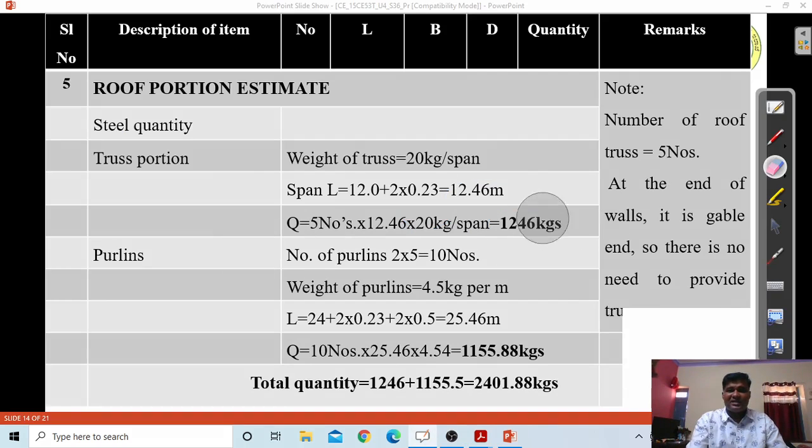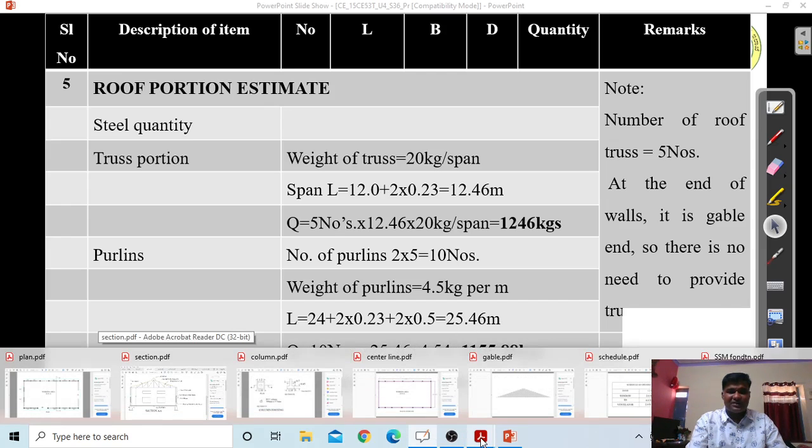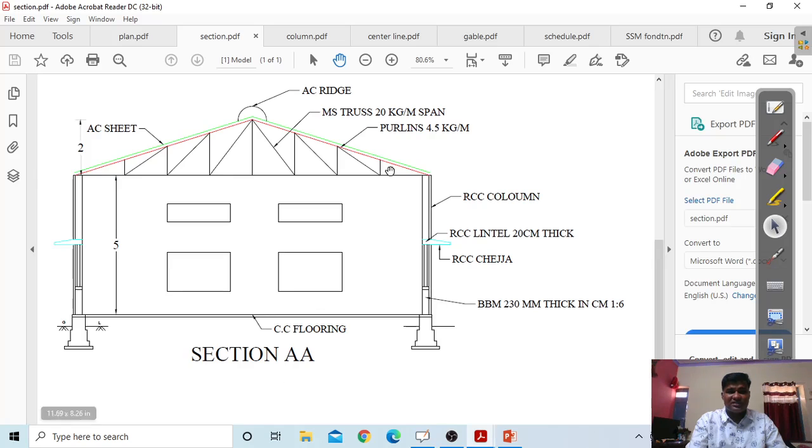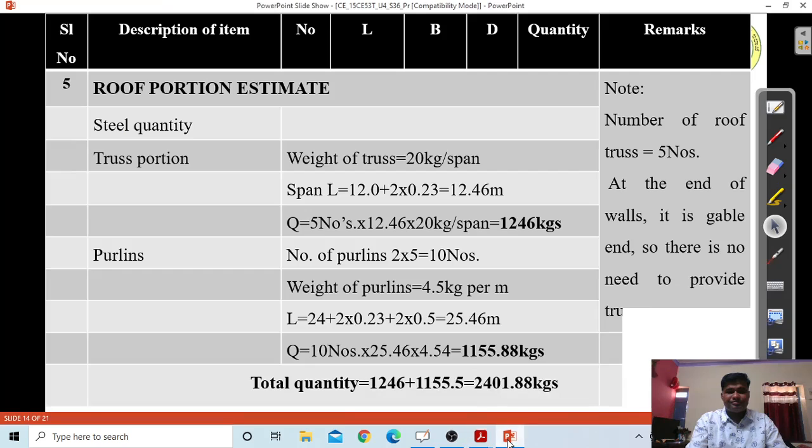In the same manner, let us calculate the purlins. Purlins are provided lengthwise for receiving the asbestos cement sheet. See, this is the purlin. Above this, purlins will be provided along the length. The total length is 24 meters plus 2 into 0.23 meters plus 2 into 0.5 meter for projections.